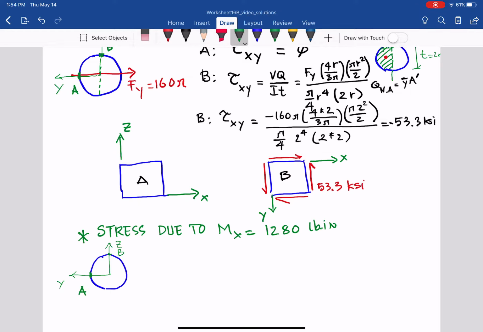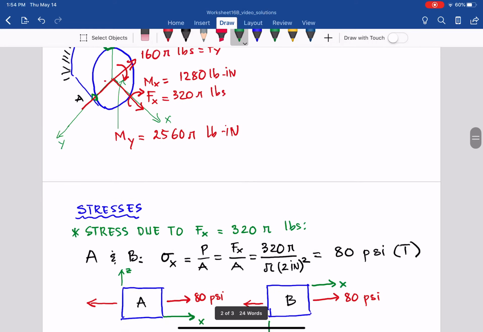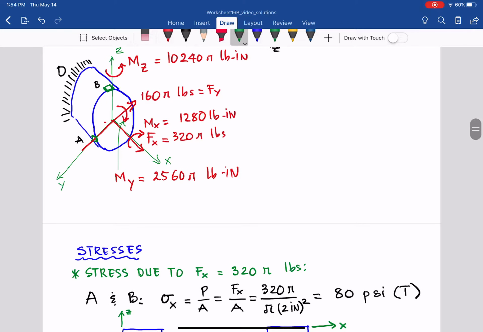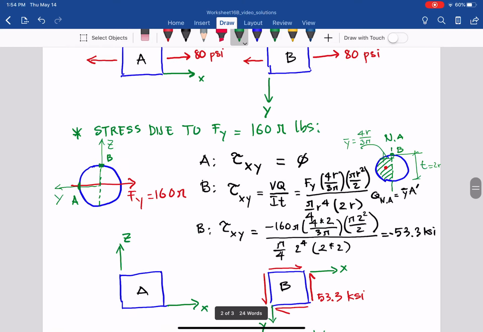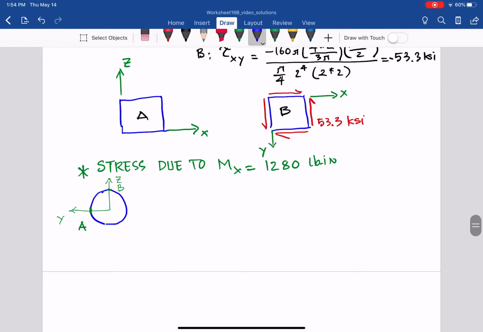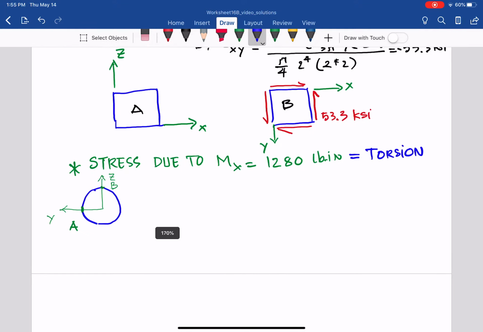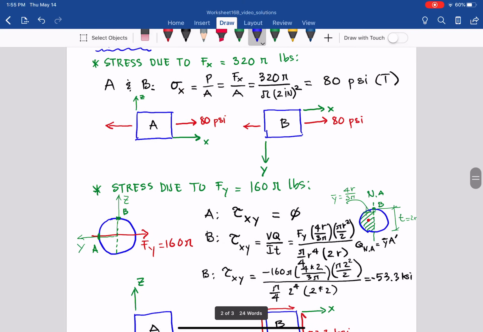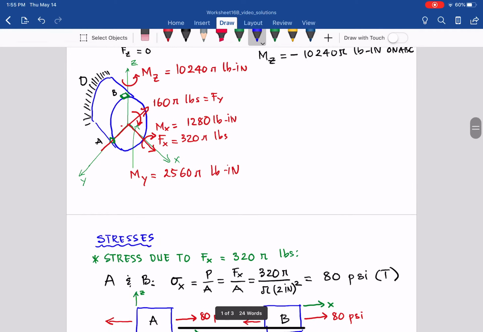The X is perpendicular to the incline, and the torsion Mx is negative. Mx is negative, and that is a torsion, as you can see. The torsion rotates from A to B.